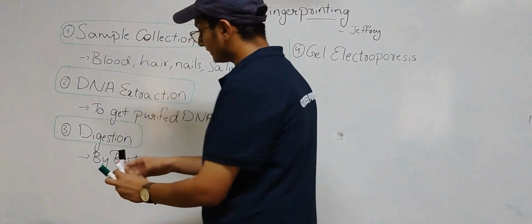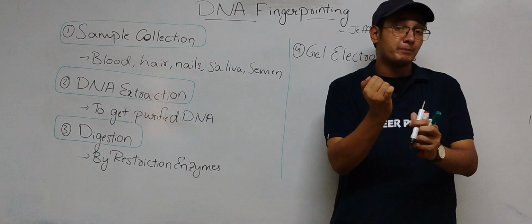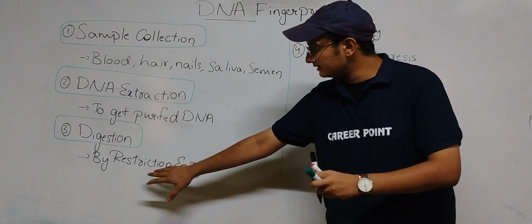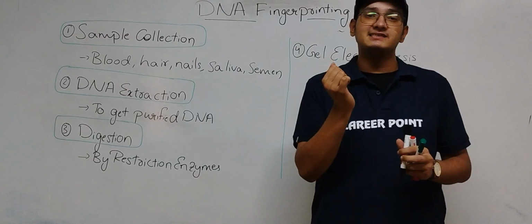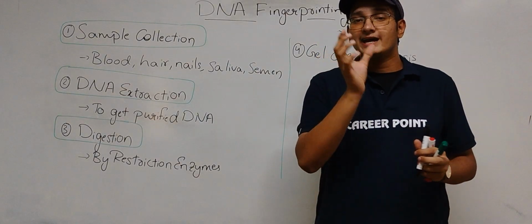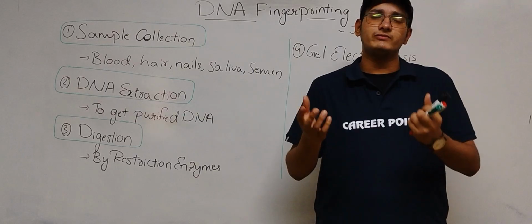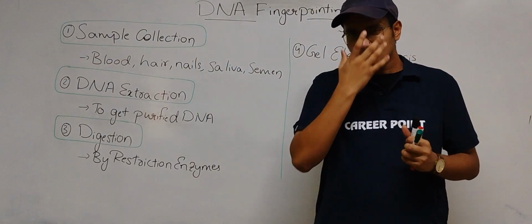So now we have pipetted out the digestion product of DNA and restriction enzyme. Now we will cast it into a gel called agarose gel. Electrophoresis is run with the help of electricity.